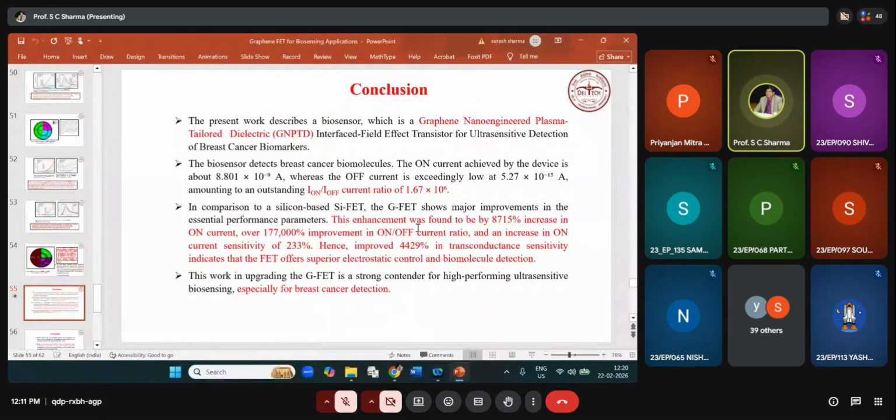This enhancement was found to be this percentage increase in on current, and this percent improvement in on-off current ratio. So this work on upgrading the graphene field effect transistor is a strong contender for high performing ultra sensitive biosensing, especially for breast cancer detection.